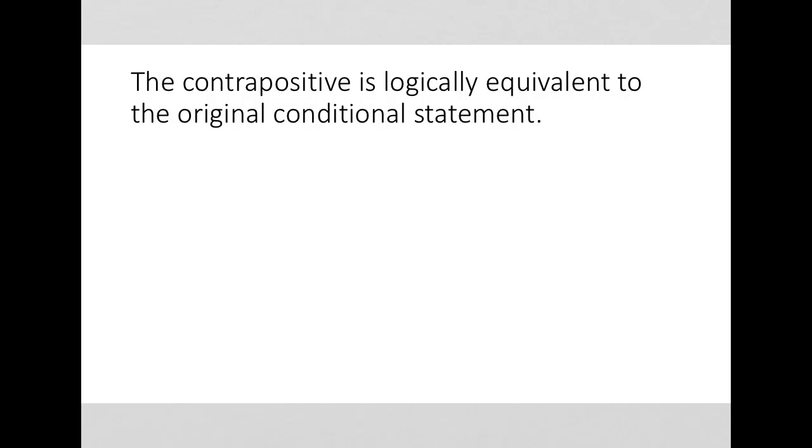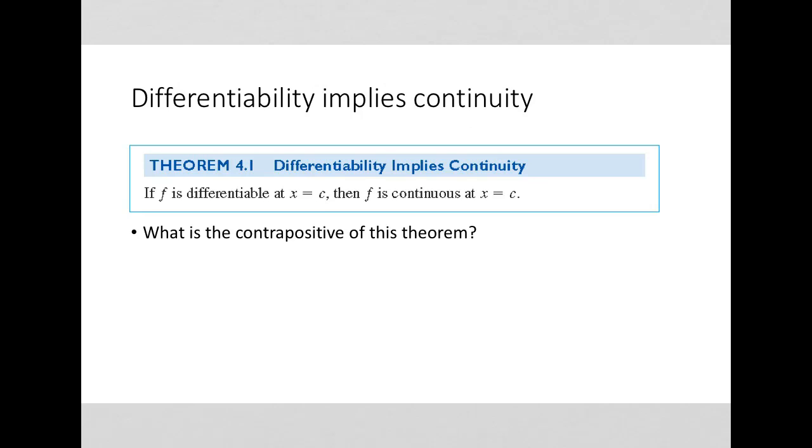What's cool is that in logic, the contrapositive is absolutely equivalent to the original conditional statement. So think about this theorem right here that we have, theorem 4.1, that says the differentiability of a function implies the continuity of a function. Now, we don't even know what the differentiability of a function means yet, but we do know that if a function f is differentiable at x equals c, then f is continuous at x equals c.